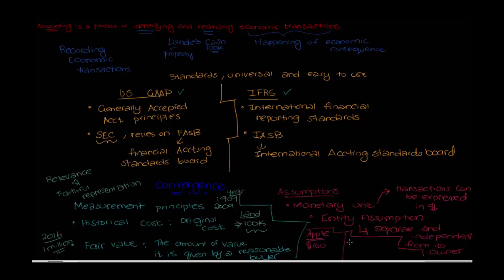So my personal job, and the money I make or the expenses I have, have nothing to do with Apple's revenues or expenses. So it's important to understand that the entity is separate and independent from the owner.